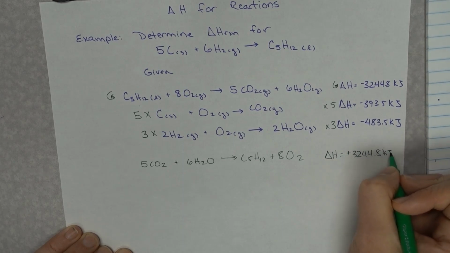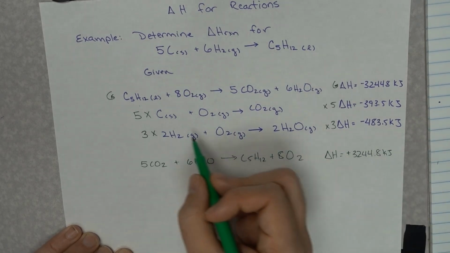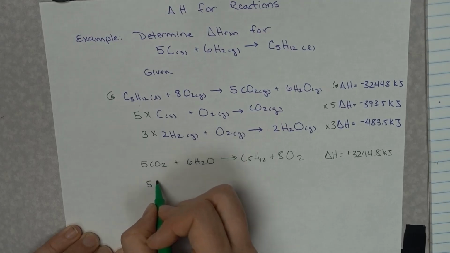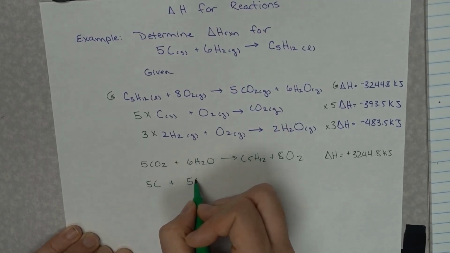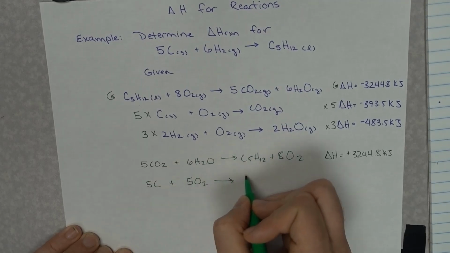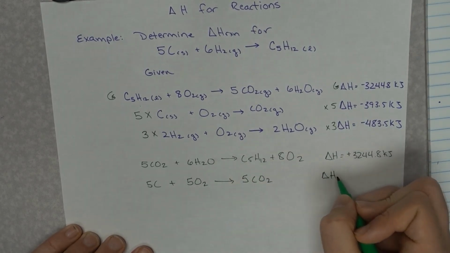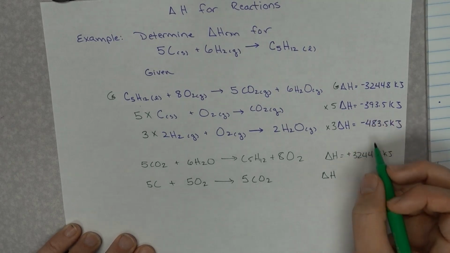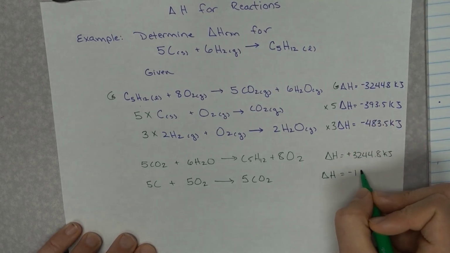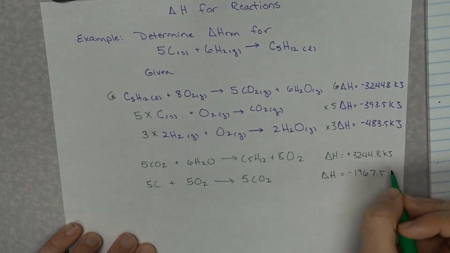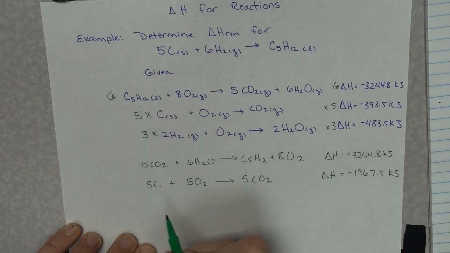3244.8 kilojoules. This one here is going to be multiplied by 5, so 5 carbons plus 5 O2s goes to make 5 CO2s, and my delta H for that, when I multiply this by 5, is negative 1967.5 kilojoules.